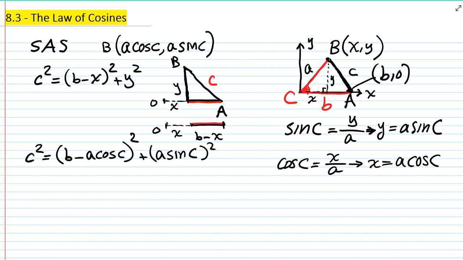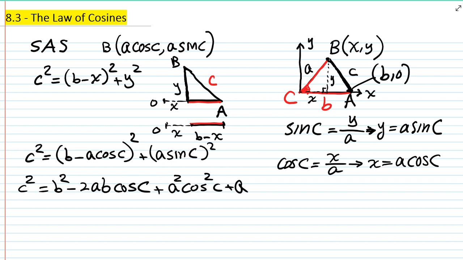Now if I square the binomial, I get C squared is B squared, negative twice AB cosine of the angle C, plus A squared cosine squared C. And then (A sine C) squared becomes A squared sine squared C. Here we can factor A squared from the last two terms, and once we do, we get sine squared C plus cosine squared C, right?